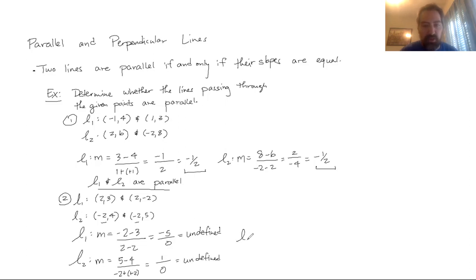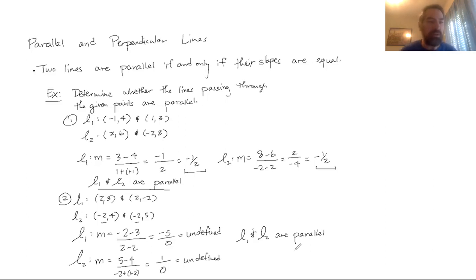All right, so these two lines, L1 and L2, are both vertical, which means that L1 and L2 are parallel because two vertical lines are never going to cross each other. So two lines are parallel if and only if their slopes are equal or if both of the slopes are undefined.